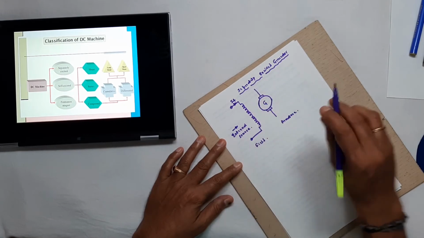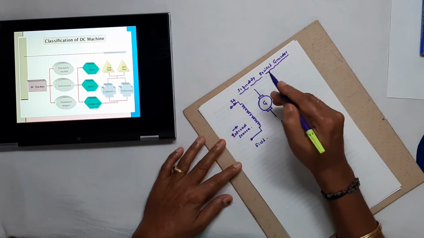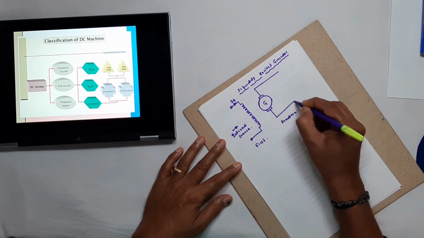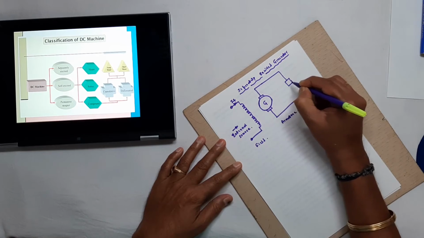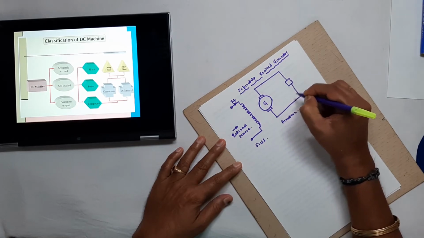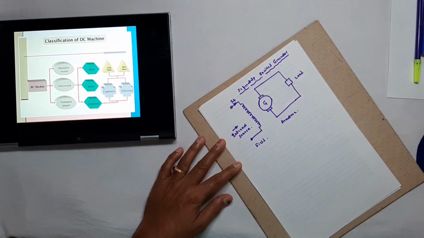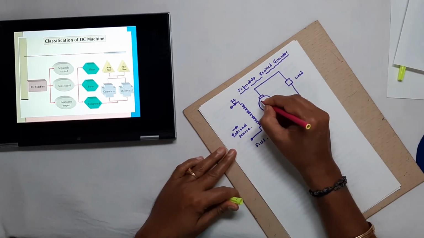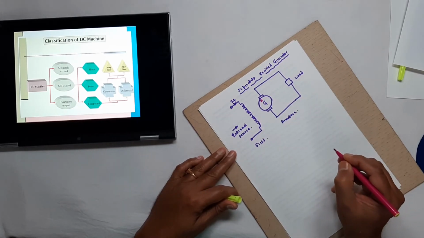Because of that, there is an induced voltage in the armature. Ultimately you are using the electricity for utilization, so it is connected to a load. Therefore, there is a generated voltage inside the machine. That is what you call the internal voltage or generated voltage.